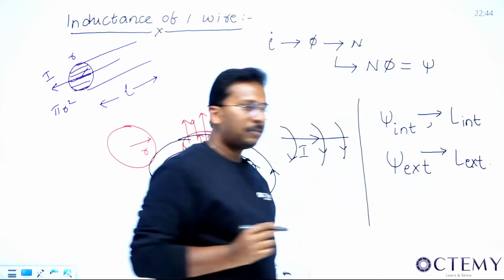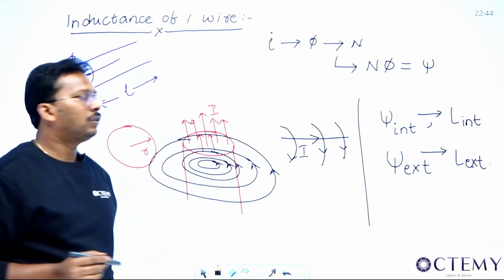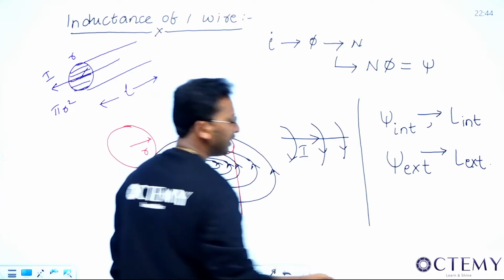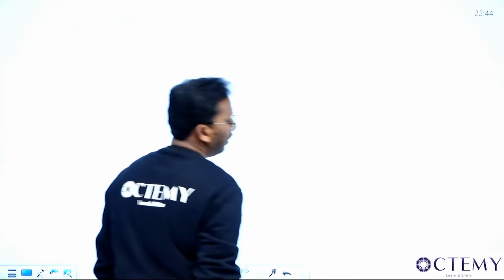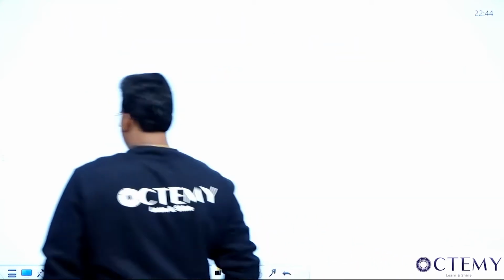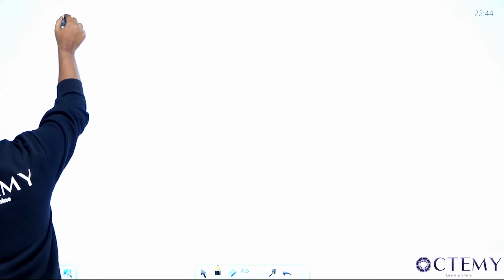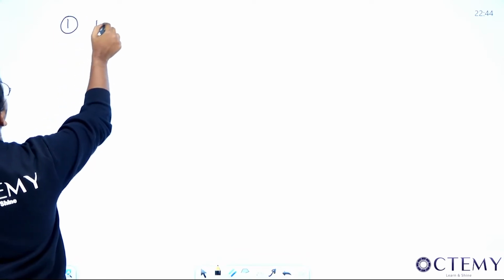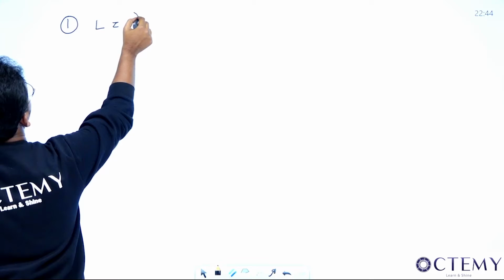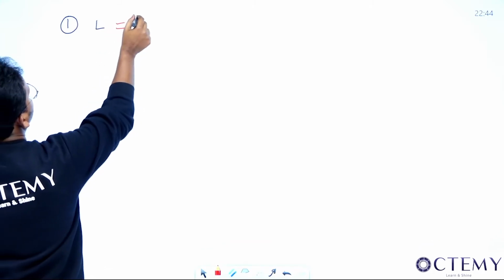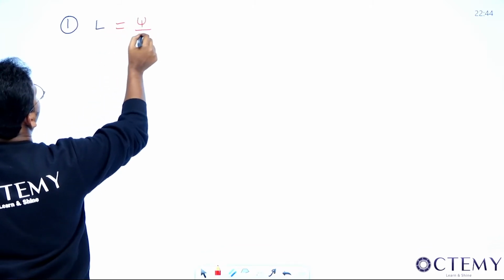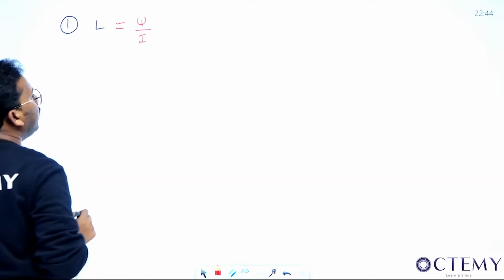Very good. Now there is a standard way to find the flux linkage and the inductance. Whenever you want to find the flux linkage, there are certain steps which we have to follow. The first step: we know that we have to find L is equal to psi by I, right?